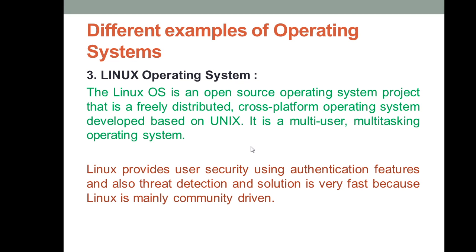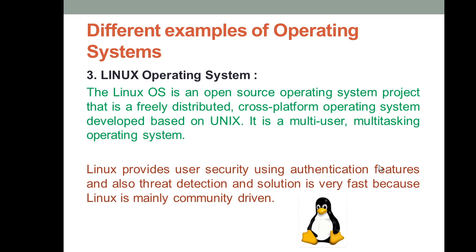And the main thing is security in this operating system. Linux provides user security using authentication features, and threat detection and solution is very fast, because Linux is mainly community driven. So from a security point of view, this is a secure operating system.